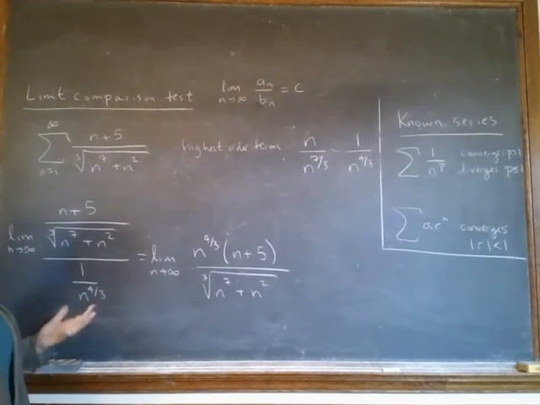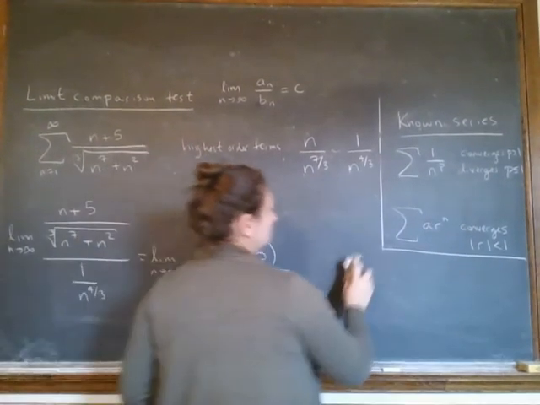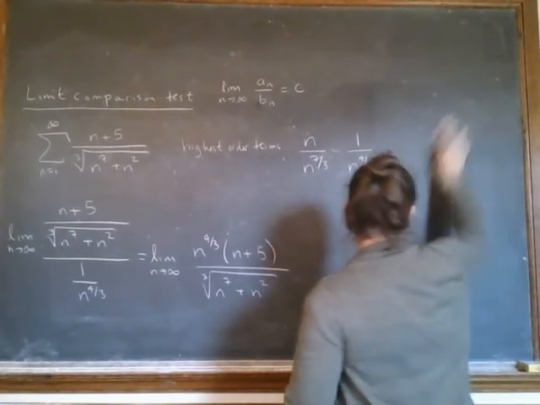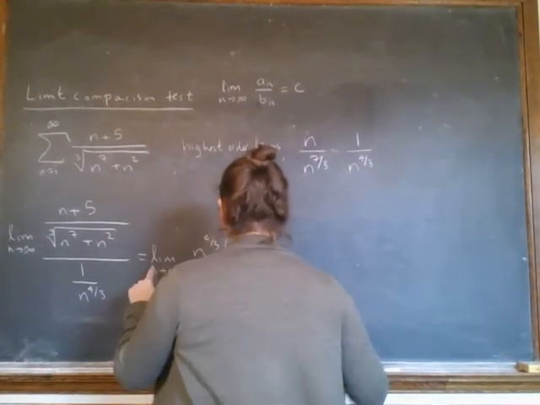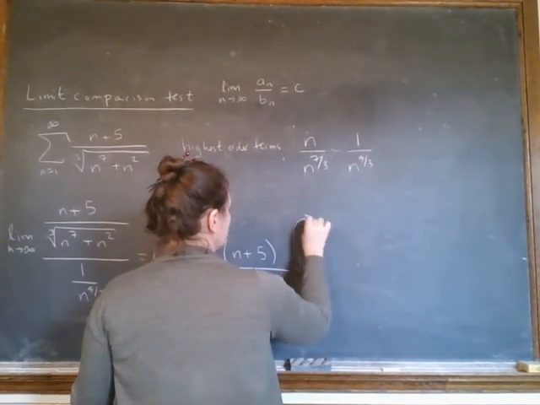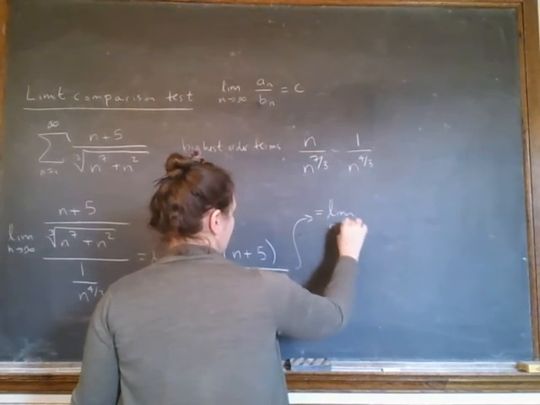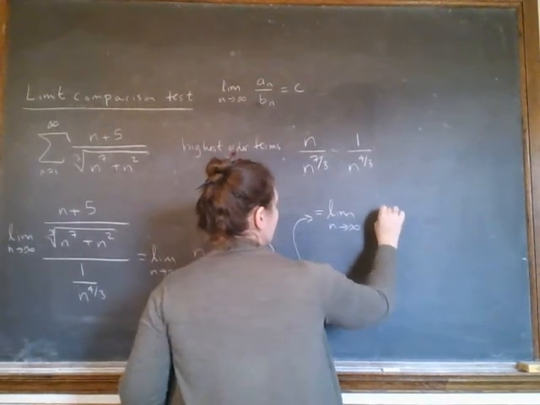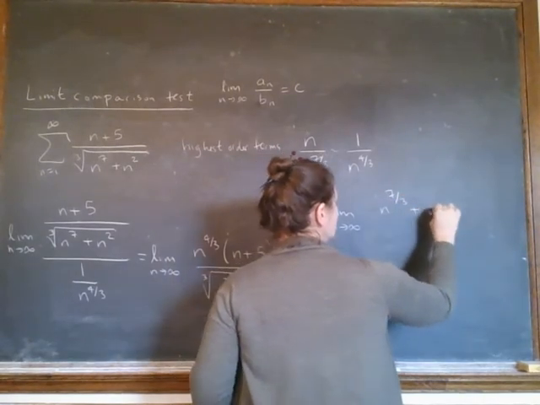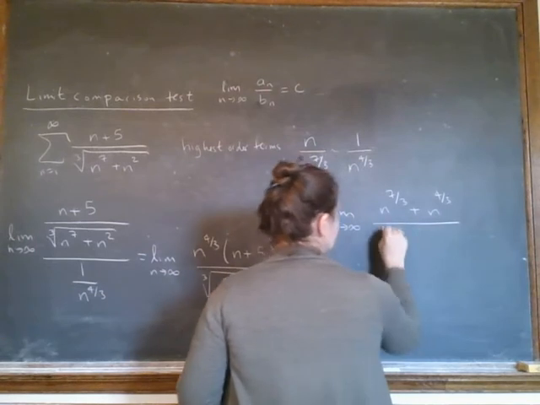All right, so rewriting this, a little bit more space. Rewriting this, up here, I'm going to have n to the 7/3 plus n to the 4/3 divided by this thing.